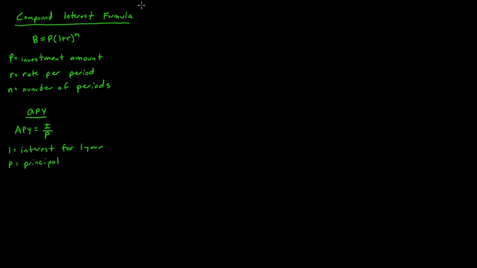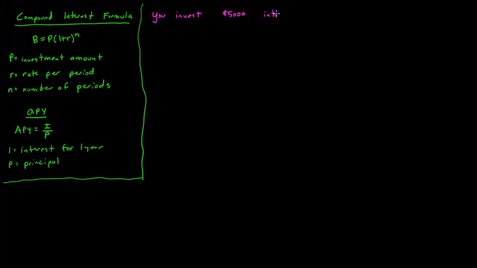So let's take these formulas and set them aside for a minute. And then we're going to do an example. So you invest, we'll say, $5,000 into a CD for 3 years.